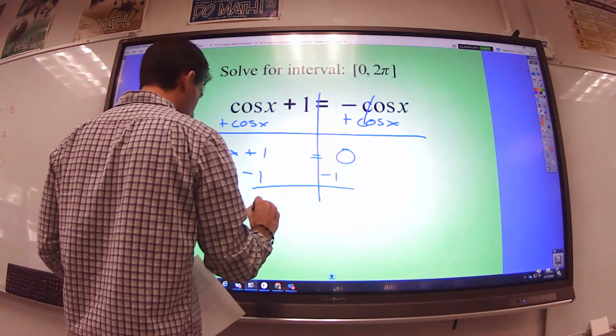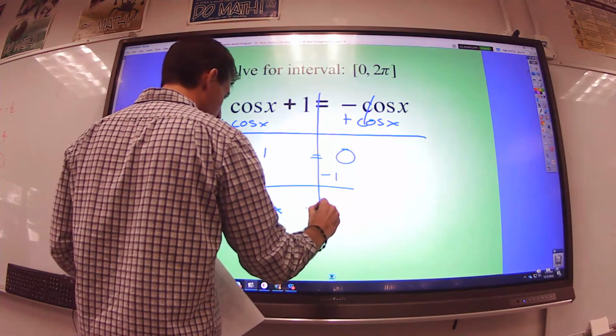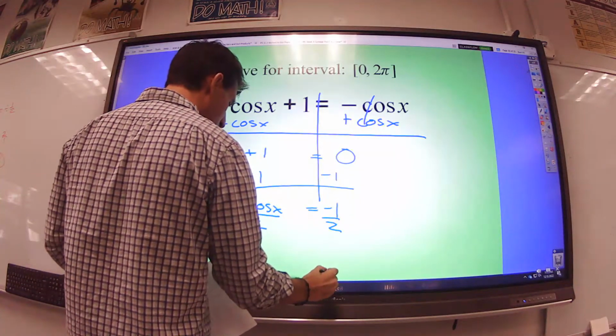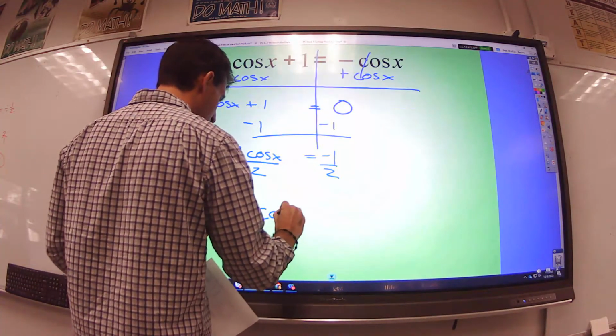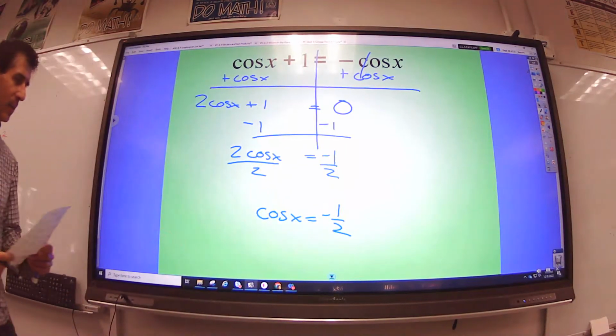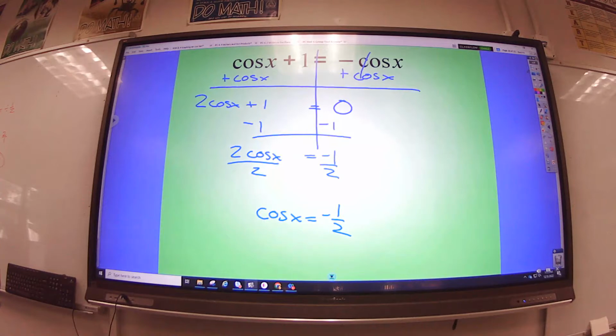I got 2 cosine of x equals negative 1. Divide by 2, and I get cosine of x equals negative 1/2. And then, of course, you look, where's negative 1/2 for x? Because cosine is x.